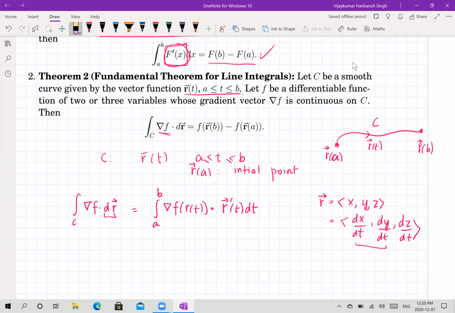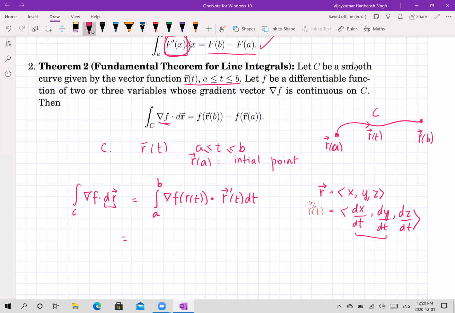So let me just write it down here. We have r prime of t. Now when I replace this, this is going to be the integral from a to b. Now what is grad f?